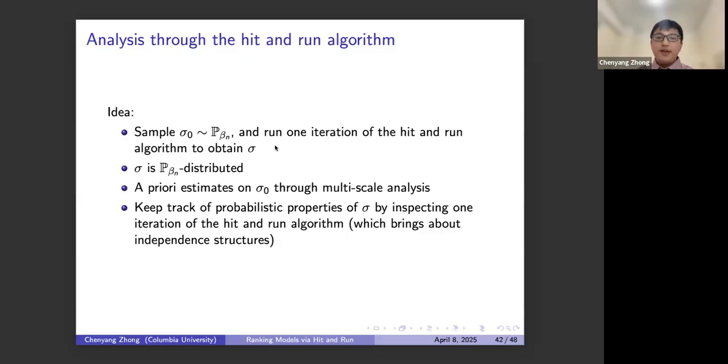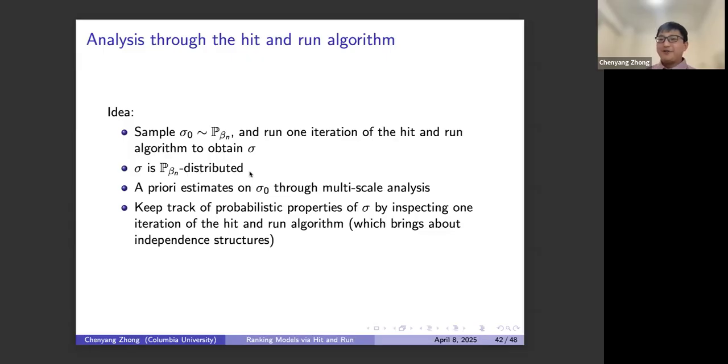In this way, we obtain a new permutation sigma. And since the hit and run algorithm has stationary distribution exactly our target distribution, this new sigma also follows our target distribution.